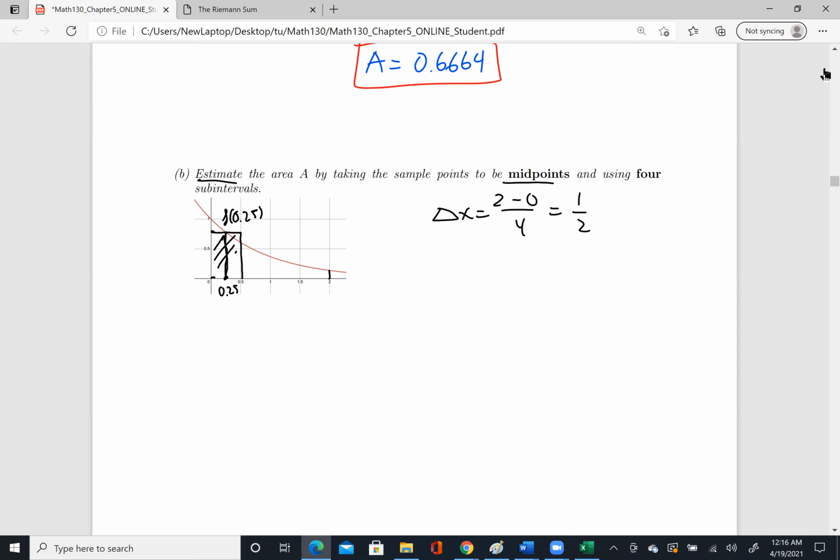For the second I use 0.75, adding the endpoints together and dividing by 2, right? So here we go, the midpoint is 0.75.